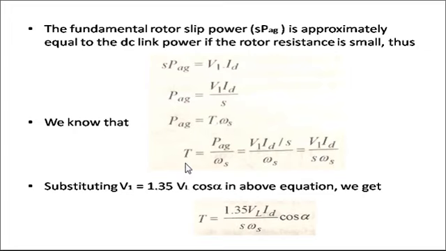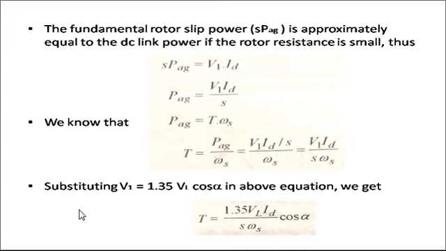So if we place this T, then T is equal to PAG upon omega s. Now if we place the value of this PAG from the previous one, then we can see that T is equal to V1 ID upon S divided by omega s, or T is equal to V1 ID upon S into omega s.